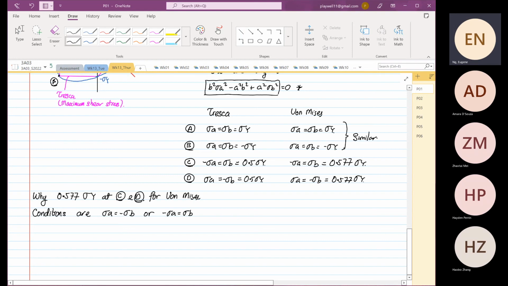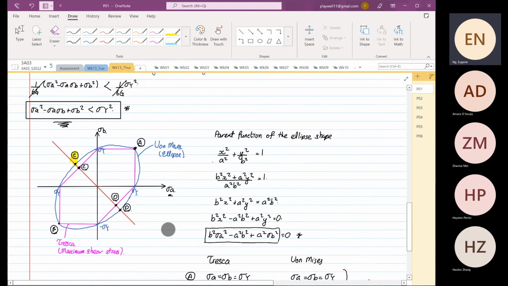So if we were to substitute sigma A is equal to minus sigma B into equation number, where was that equation?